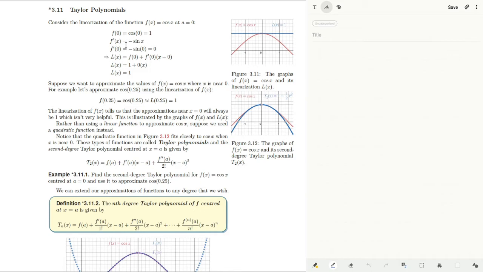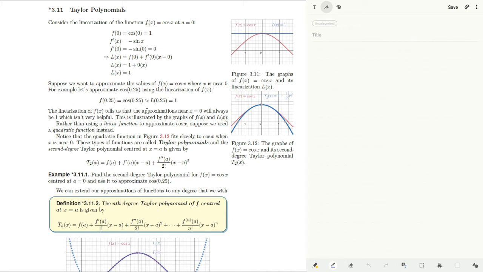And so f prime of 0 is negative sine of 0, which is 0. And so if we use these values, we obtain the linearization, which is 1 plus 0 times x, which simplifies to 1. So now let's suppose that we want to find approximations of cosine near 0.